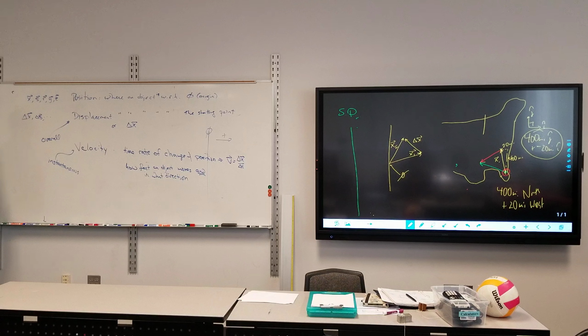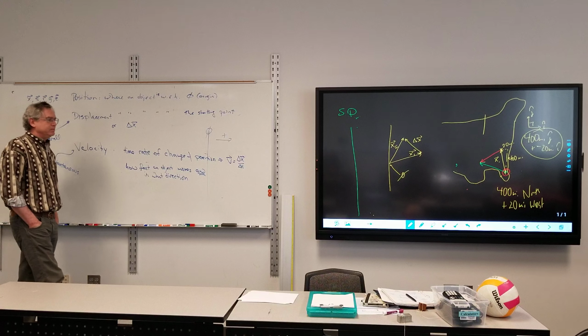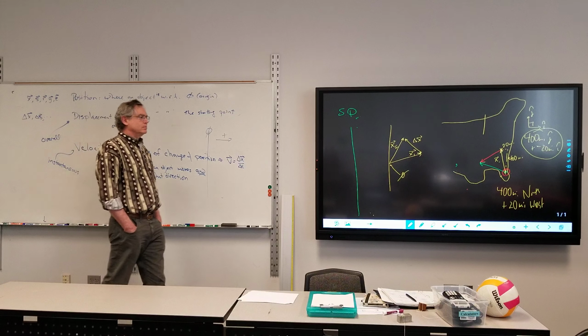My position, positive, negative, or zero? Negative. My displacement? Negative. My velocity? Negative. Am I going in the negative direction? I assume I'm not swaying. Zero. Yeah, my velocity is zero. I'm not going anywhere. All right, so now, my velocity? Positive. Indeed.